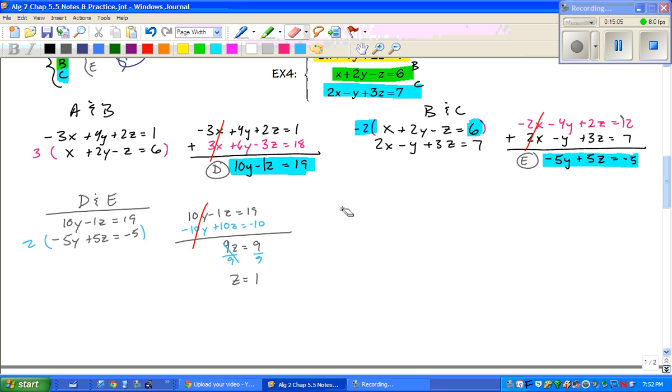So we've got 10y minus 1 times 1 equals 19. So 10y minus 1 equals 19. Add the 1 to both sides. We get 10y equals 20.